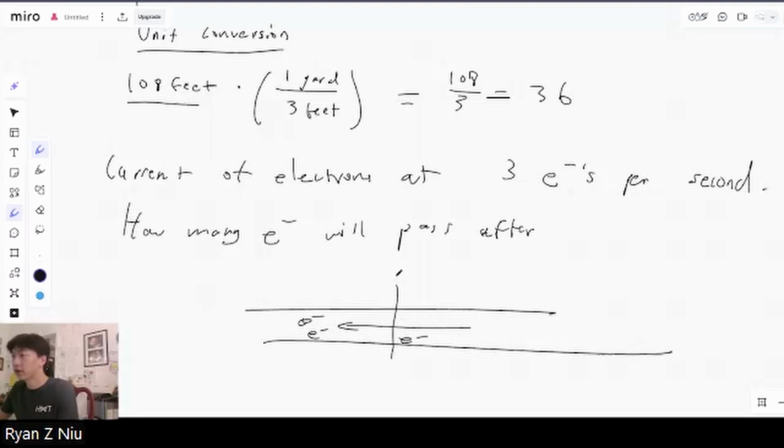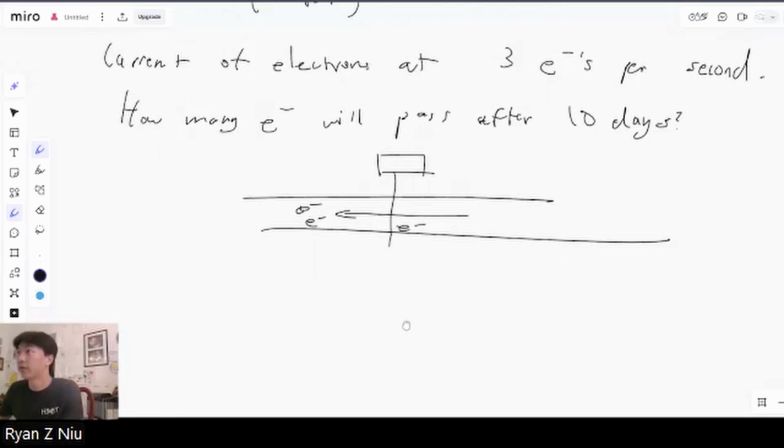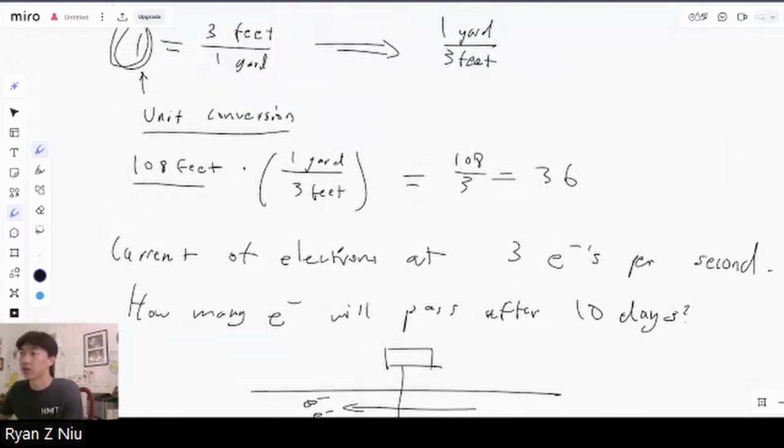And then say we have something that counts how many of these will pass after 10 days, right? And so now we have a lot of conversions. We have electrons per second, seconds to minutes, minutes to hours, and hours to days. So it's in our benefit to try to use unit conversion, so that we have this linear multiplication of just a bunch of fractions that we can calculate out really easily.